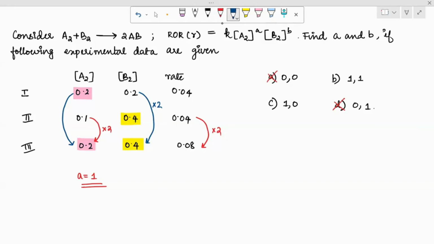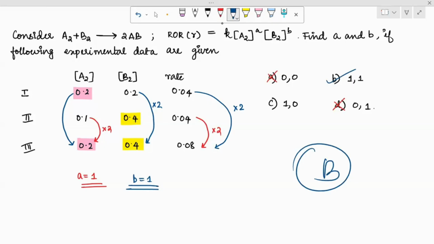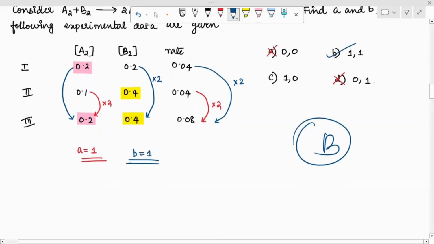And my rate in 1 and 3 is also increasing 2 times, again a linear relationship, and hence B is equal to 1. Correct option is option B. Very easy.